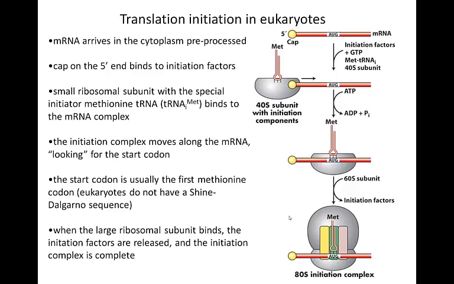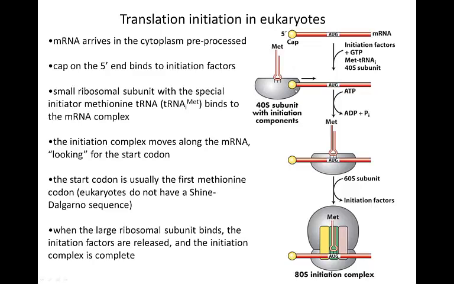Let's now look at eukaryotes. Eukaryotes are slightly different, so remember two different compartments in the cell. The messenger RNA arrives at the cytoplasm. It's got its cap, it's got its poly A tail, and the introns have already been cut out. The cap is extremely important in the recognition of that messenger RNA by the ribosome.